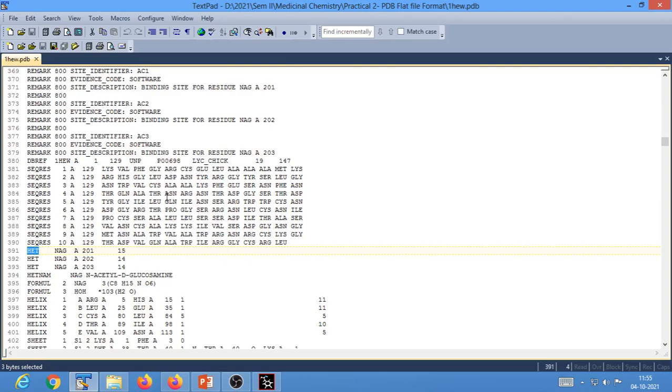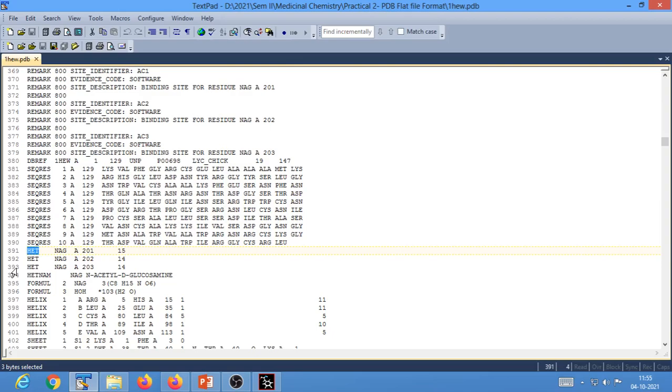Hetero groups are usually the non-protein components present in your file. These non-protein components can be in the form of prosthetic groups like PLP or ADP, ATP, NAD, NADP. These are all prosthetic groups.